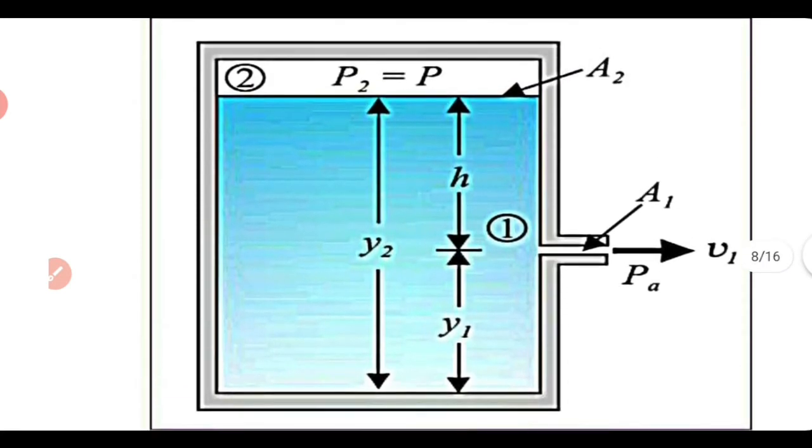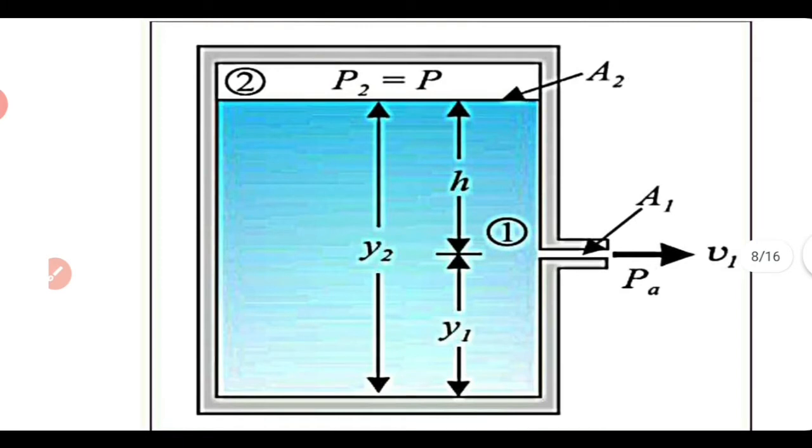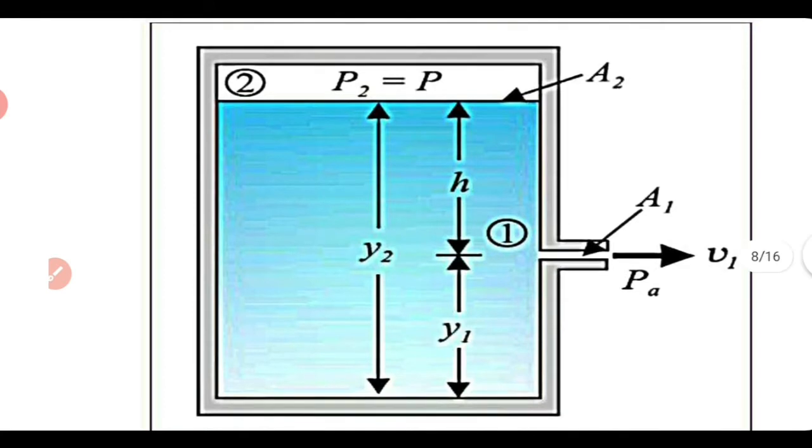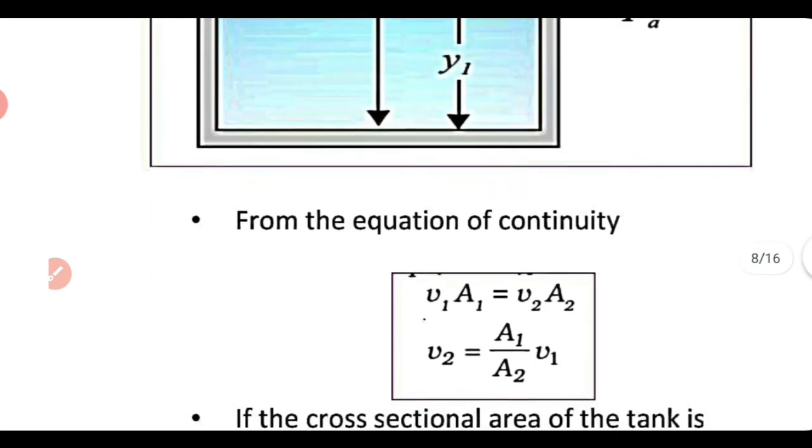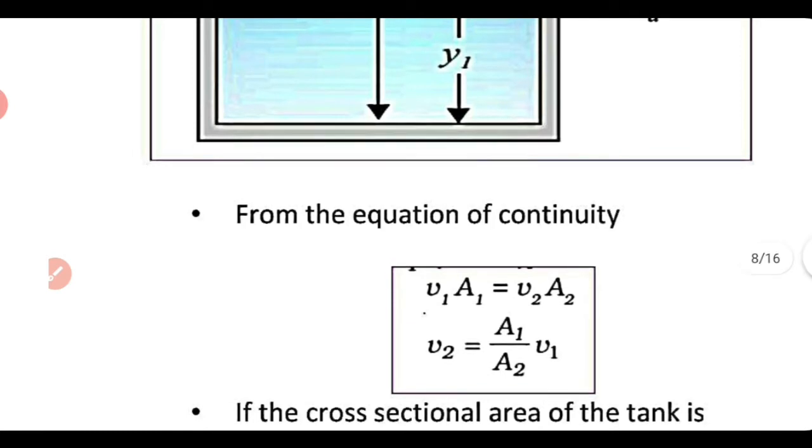Now what we need to find is the speed of efflux. So we assume that speed to be v1. At the hole, a1, the speed with which the liquid is coming out is v1, and it is that v1 which we need to find. Now if we assume v2 to be the speed with which the surface of water is coming down, since when liquid flows out through the hole the level of liquid decreases at the top.